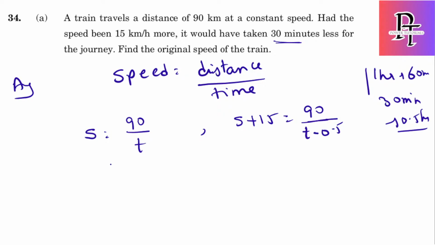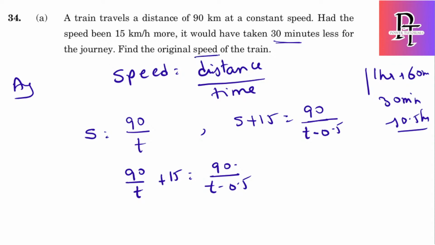Okay, so now here clearly I can say s is equal to 90 by t. Okay, let's do one thing. Let's substitute s is equal to 90 by t in the second equation. So this becomes 90 by t plus 15 is equal to 90 by t minus 0.5.